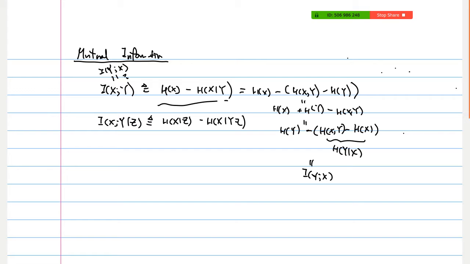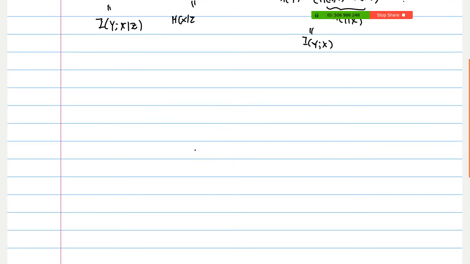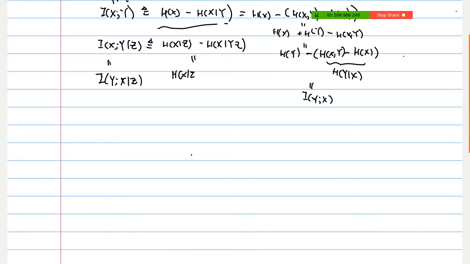And you can do a very similar kind of proof for I(X;Y given Z) also. This will be equal to I(Y;X given Z). Let's go through this exercise anyway.